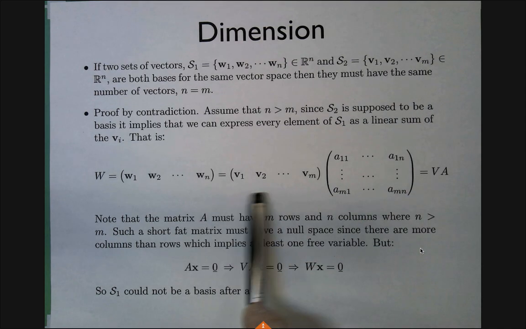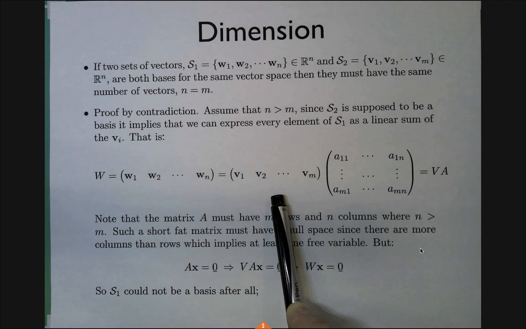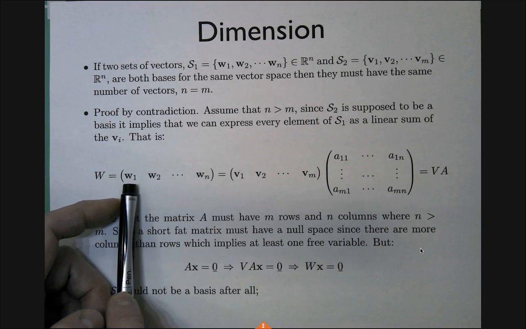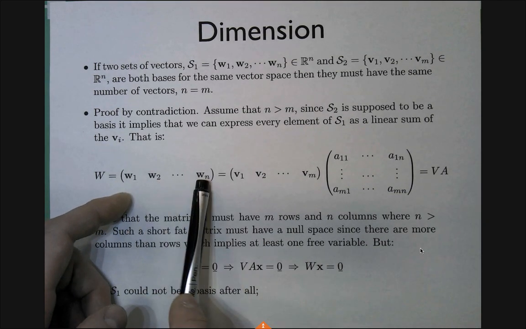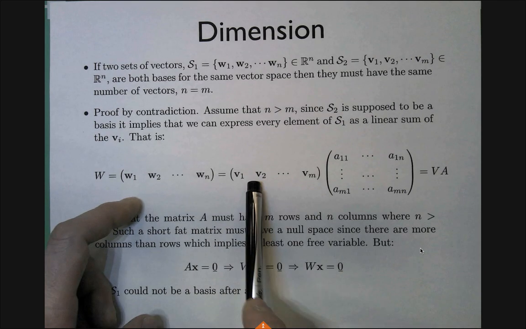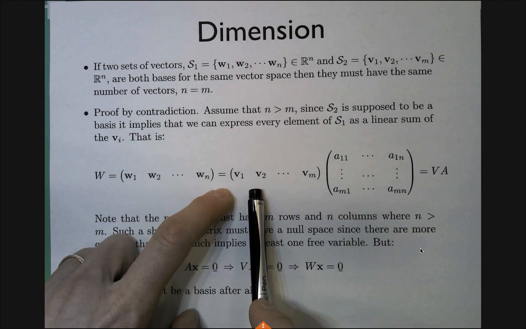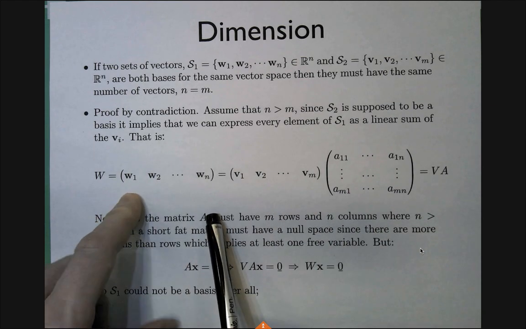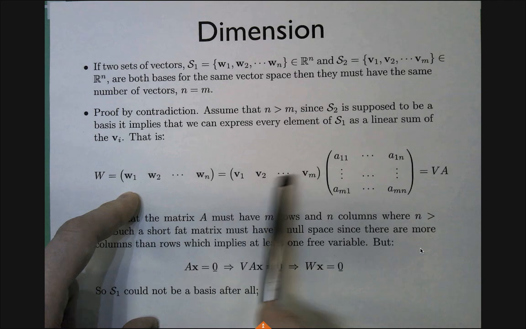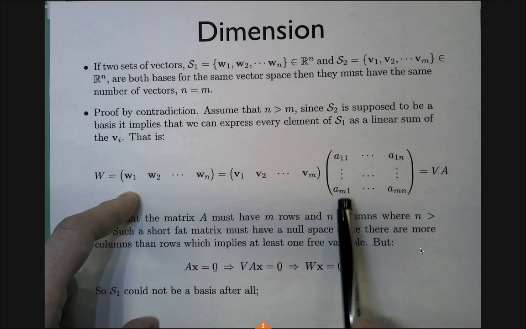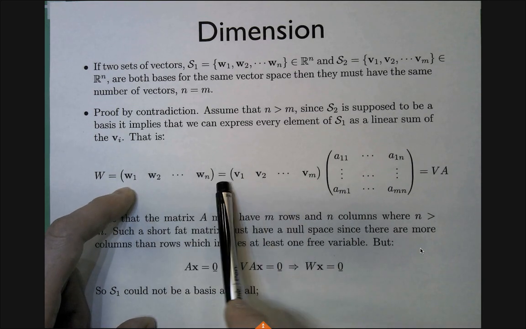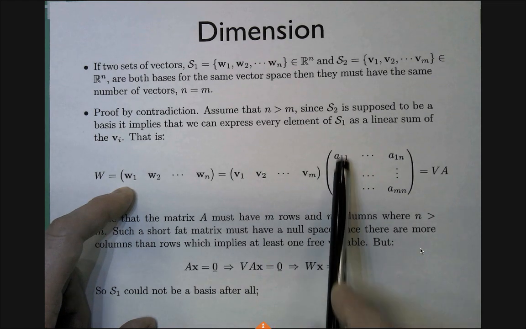There's a neat way to write it using matrix multiplication. If you look at W1, W2, and so on to Wn as column vectors, and the same for the V's, then if any of the W's can be written as a linear combination, I can just put all of them into a matrix. So this says that W1 is a linear combination of all the V's with these coefficients.